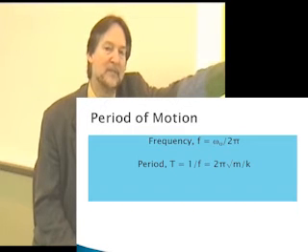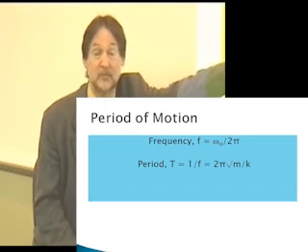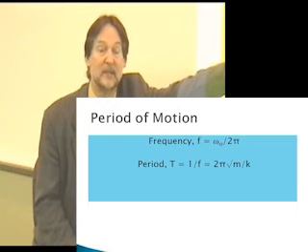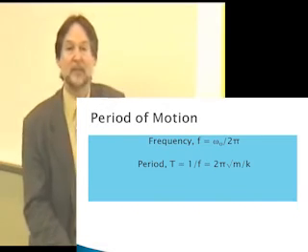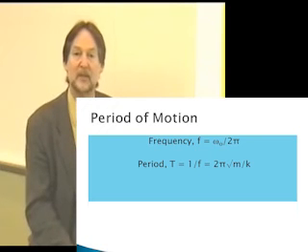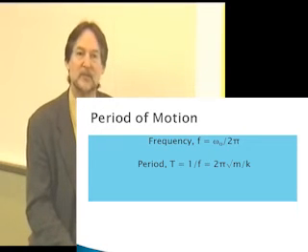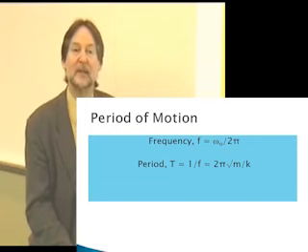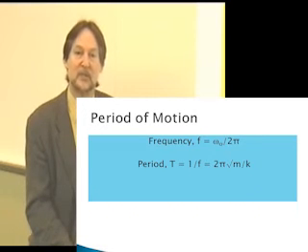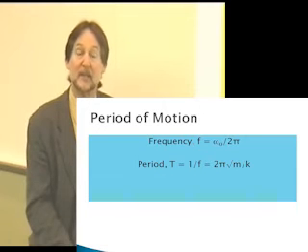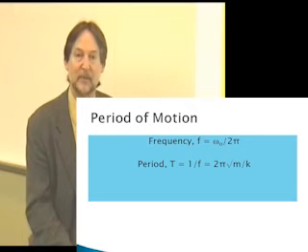Remember, we used omega in the previous chapters on rotational motion to describe the angular velocity of an object, which was how many radians the object rotated per second. Well, we're still using it in the same kind of context, because now we're talking about how many radians per second this object has oscillated through in the process of going up and down on the spring.